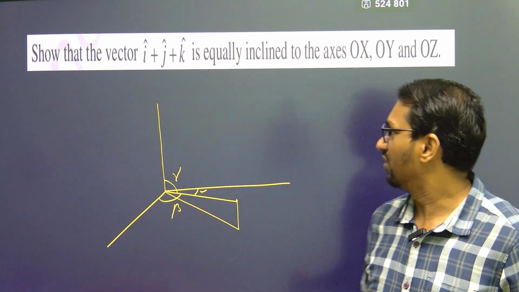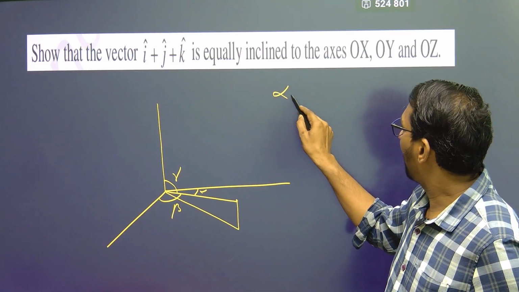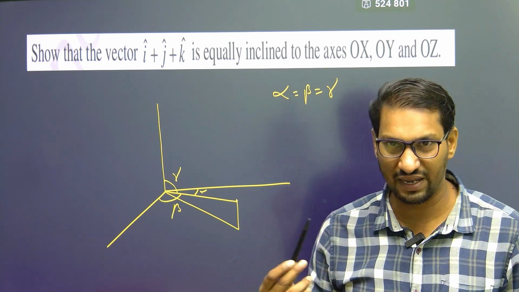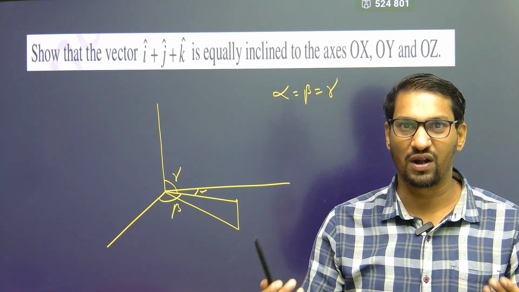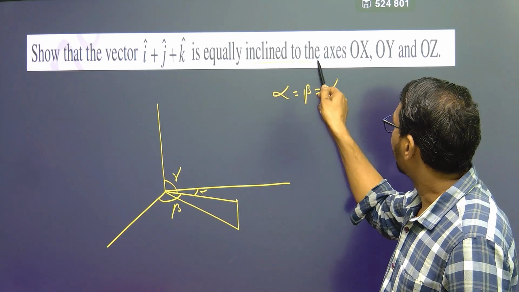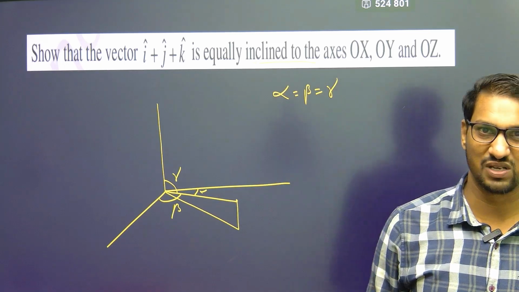In this question, we have to prove that alpha equal to beta equal to gamma, because any line or vector inclined with coordinate axes with angles alpha, beta, gamma, if equally inclined, then these angles must be equal.